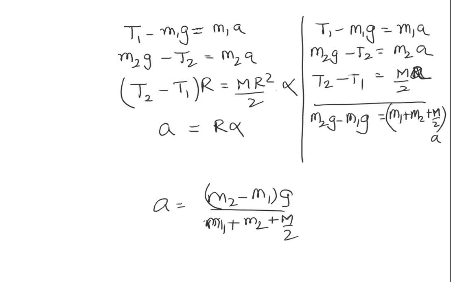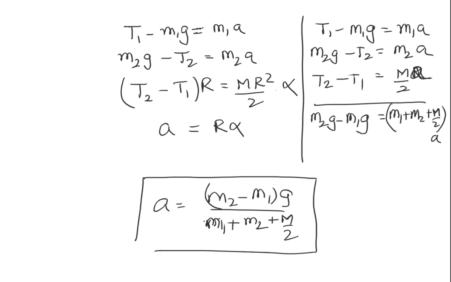This is almost the same equation as a normal Atwood machine, except for the fact that there is a capital M by 2 in the denominator. Okay.